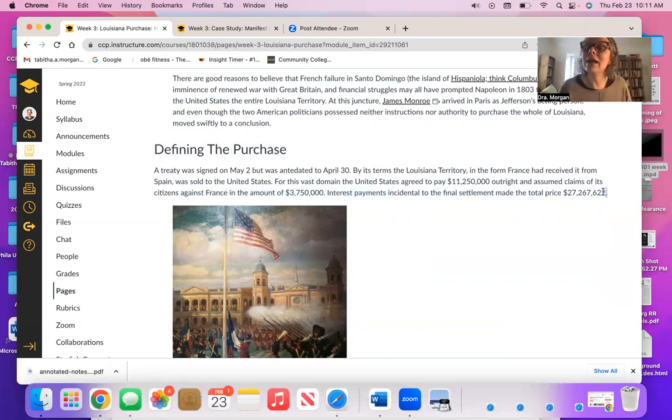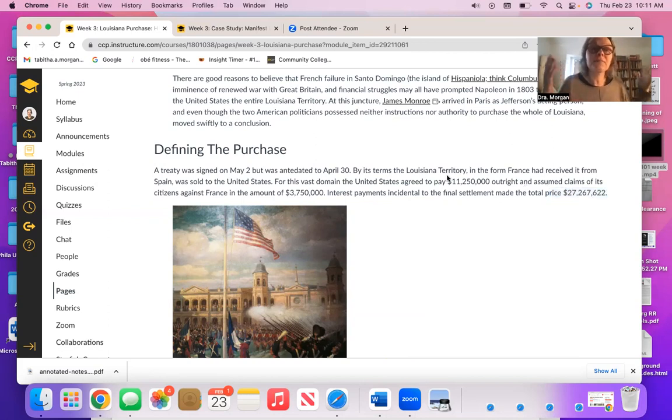So the total price that we paid for the Midwest of the United States was $27 million. Can you imagine what that was? That's like billions now in our currency.